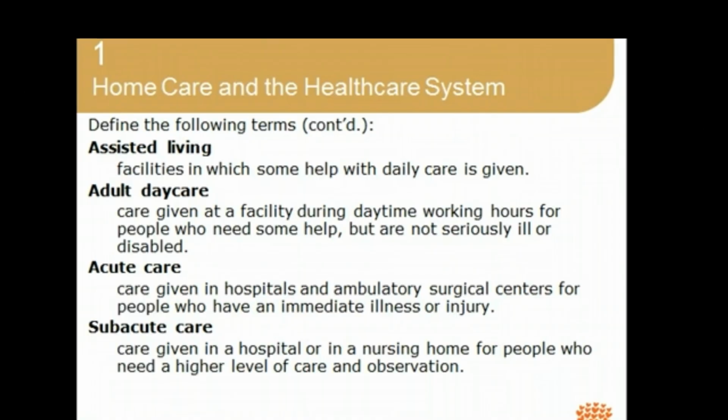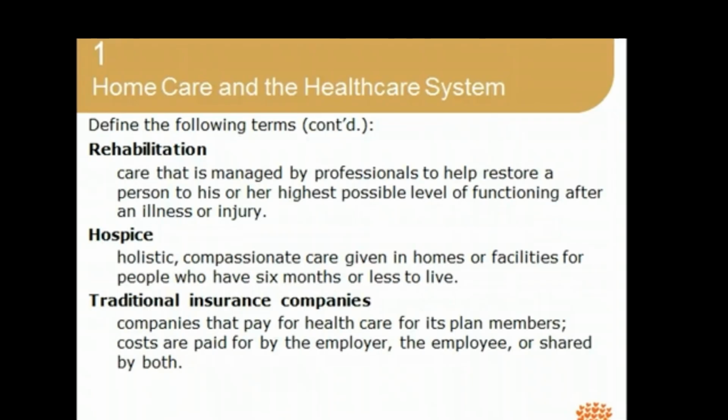Adult daycare, some of you might be familiar with. That's a center where individuals go during the day, but they don't spend the night there, and they generally don't have really acute or serious conditions. And you can read the rest of these as you go through these definitions in the slides.